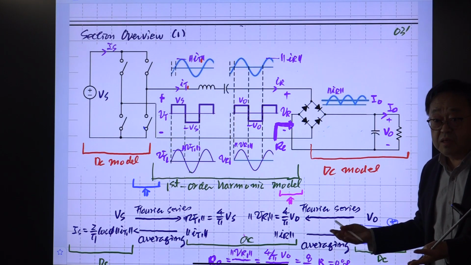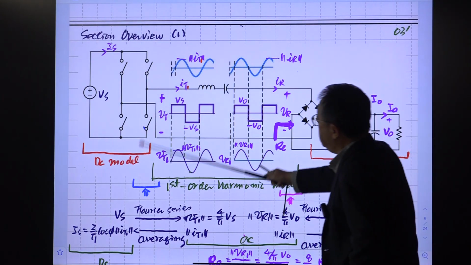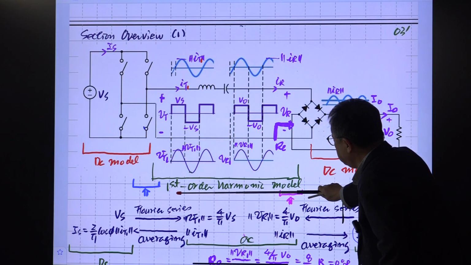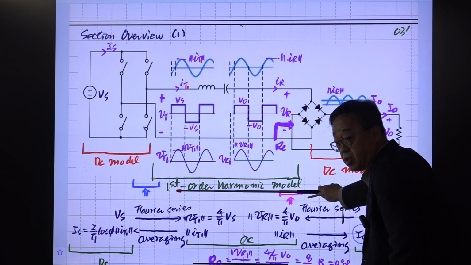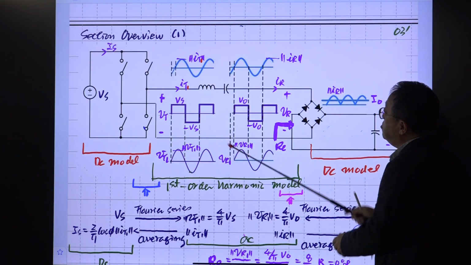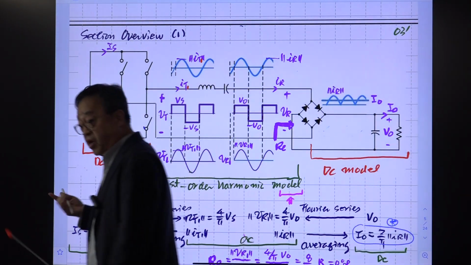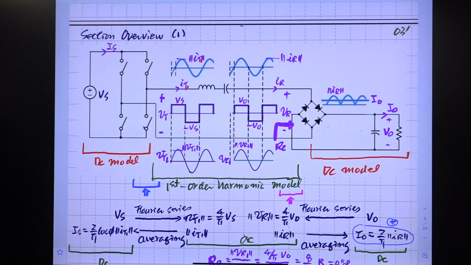This is DC, and this is DC, and this is the first order harmonic model, or AC model, or fundamental frequency model. They are connected through this connection. The next thing is we just specify the connection between the magnitudes of the waveforms, which is shown here. That's all about this analysis. We already know this.